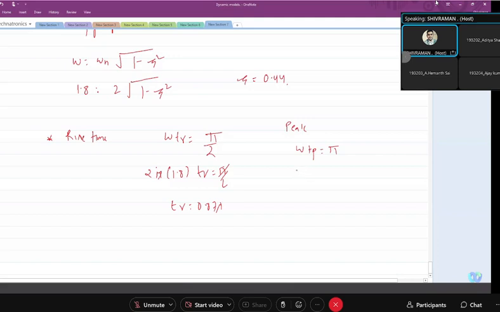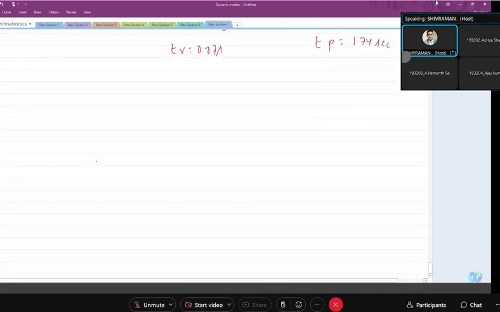You put the value of omega here, 1.8 pi. So tp you will get 1.74 seconds. Next is your percentage overshoot, which is very easy to calculate, which is e power minus pi times damping factor divided by square root of 1 minus damping factor square, into 100.